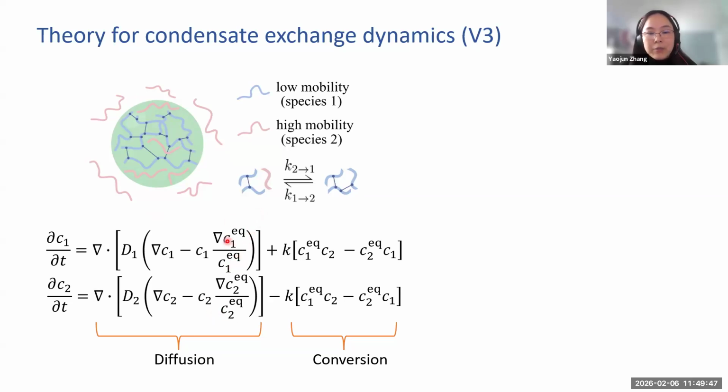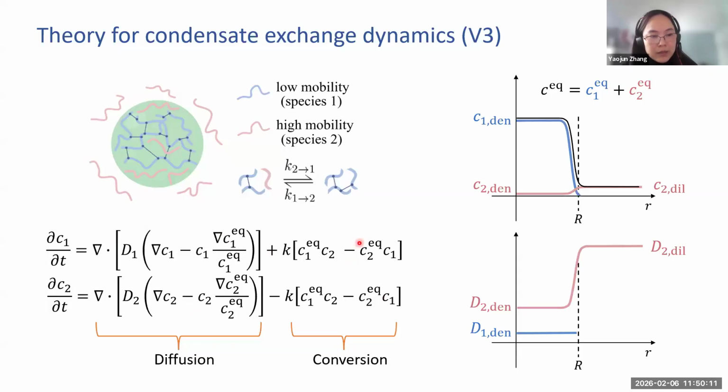Because they are not diffusing in a flat space, but actually in a phase-separated environment. So this enforces them to have a non-uniform concentration. And finally, we have the third and fourth terms. They account for mobility switching between binding and unbinding to the network. Okay, so if we know the concentration, these are the equations.